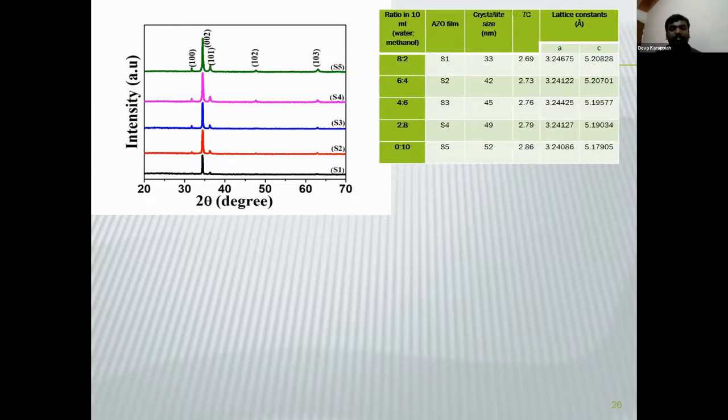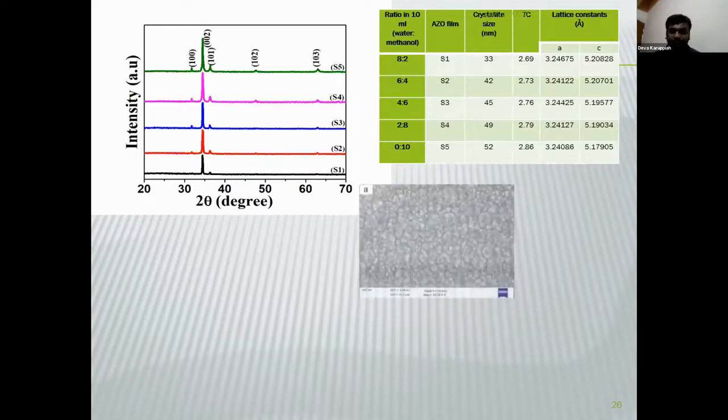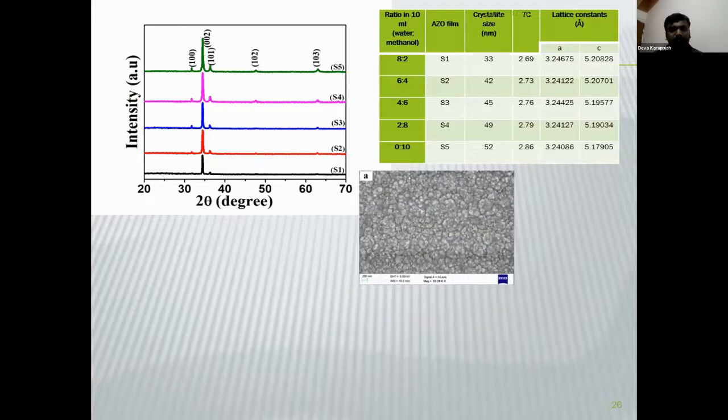And the lattice cell is also very close to the bulk ZnO lattice cell, 3.2 and 5.09. And these are the SEM images, FESEM images of the pure methanol solvent sample, the fifth sample. Look at the sample.